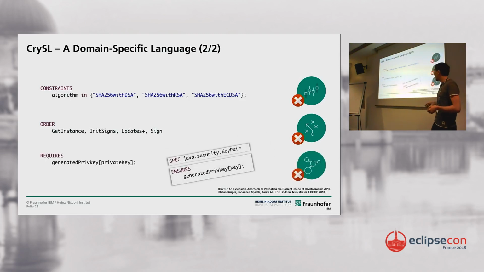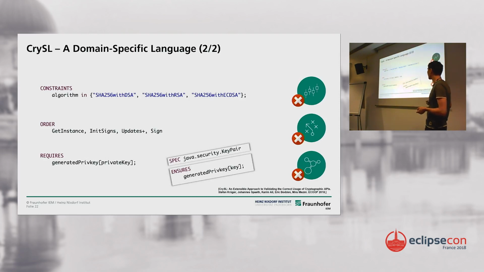Then the last block is a requires block, which essentially will generate these error markers of the insecure class composition. That's a bit more complex to explain. You essentially have predicates that the signature object requires. It requires that the private key you have is generated correctly, and that's specified in the rule for key pair.